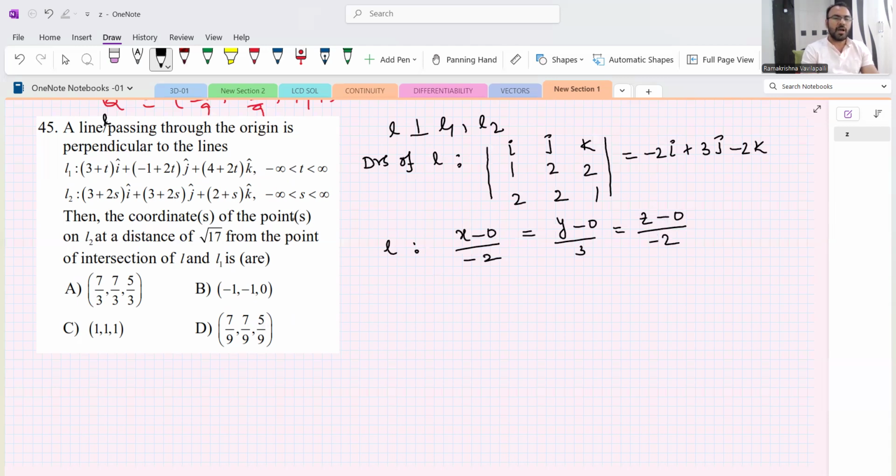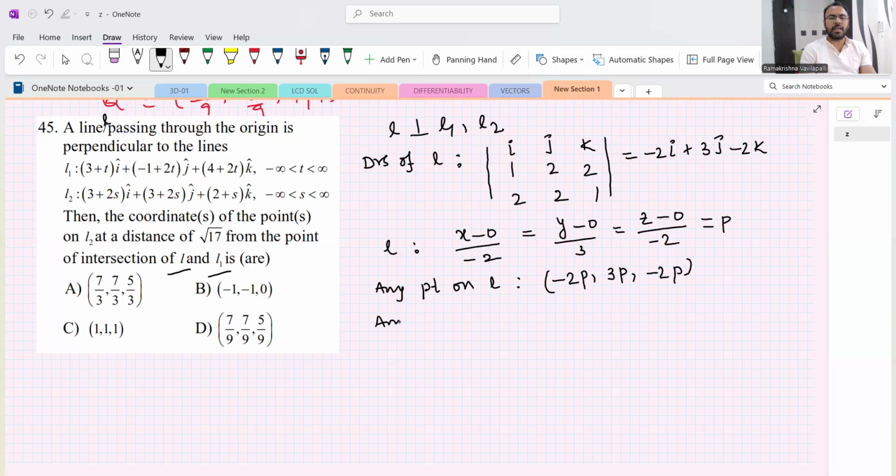The coordinates of the points on L2 at a distance of root 17 from the point of intersection of L and L1. So we need to find the point of intersection of L and L1.